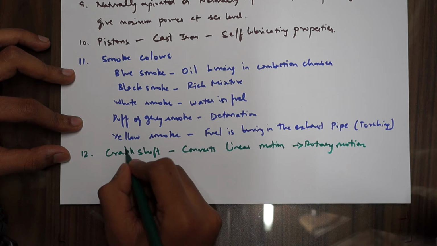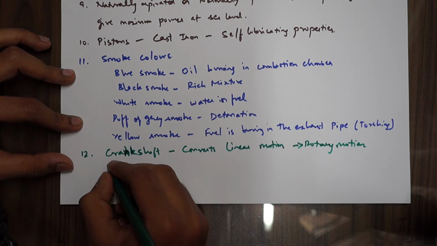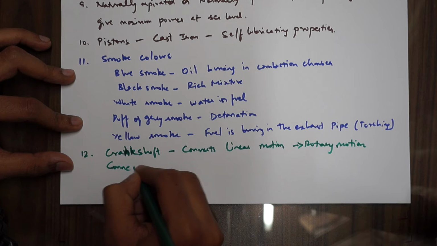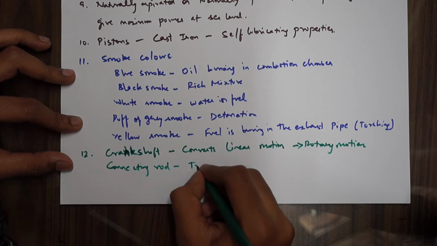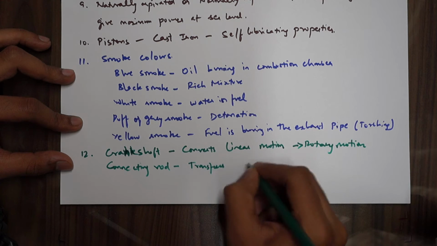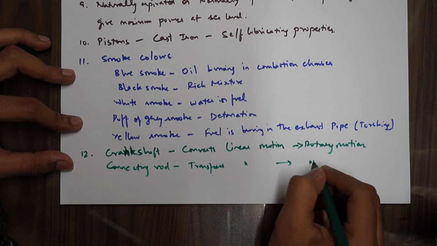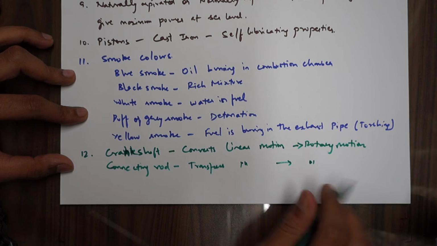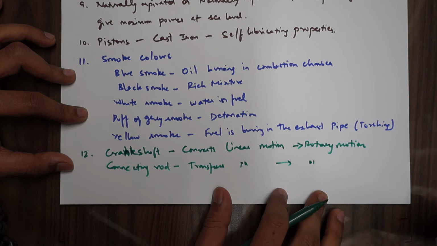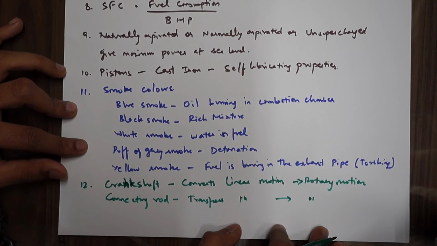Okay, the crank and connecting rod transfer linear motion to rotary motion. Now this is converting directly. The connecting rod is just transferring that linear motion to your rotary motion.